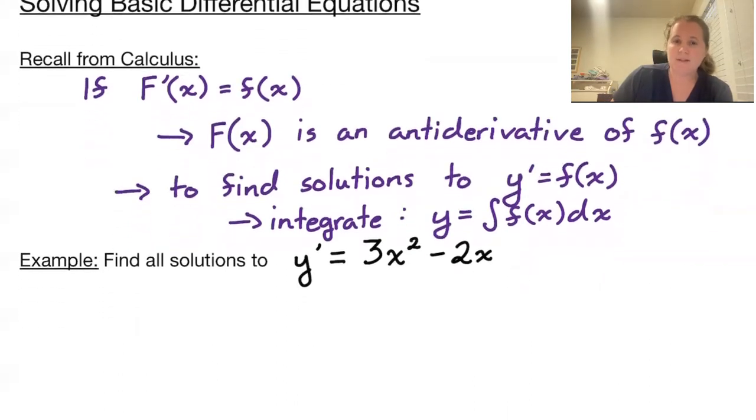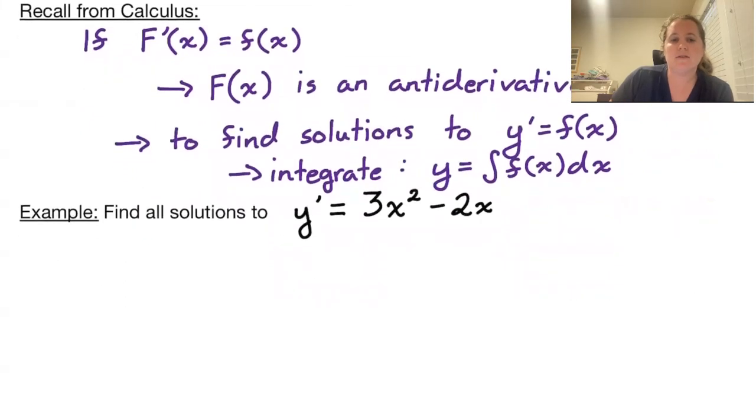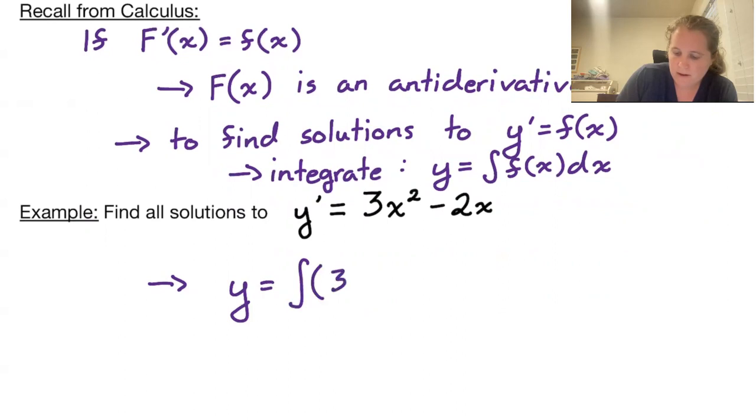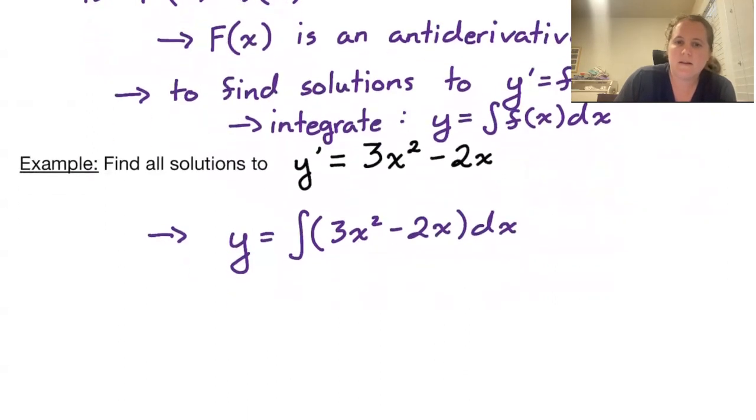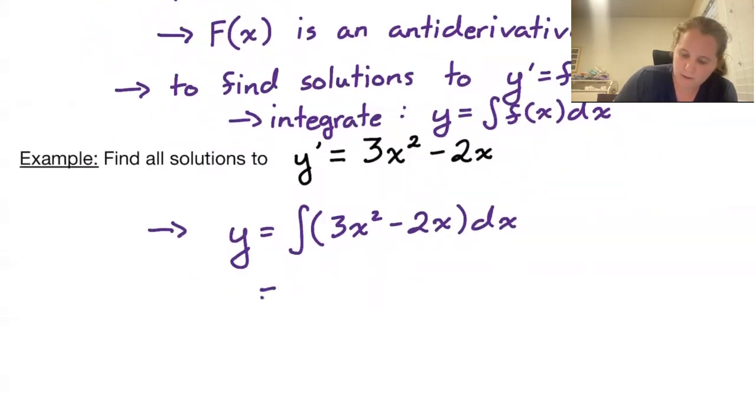So for our first example, let's find all solutions to the differential equation y prime equals 3x squared minus 2x. So what we get then is y is equal to the integral of 3x squared minus 2x dx. Taking that integral, we use our power rule.